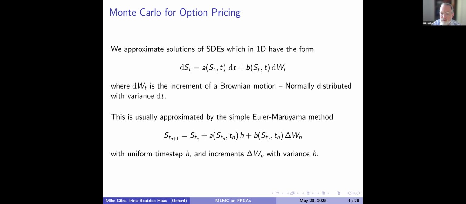Then we approximate that most simply with the Euler-Maruyama method. This is our discrete algorithm for advancing the approximate state of the path from one time step to the next. And for the purposes of this talk, let's suppose we're using uniform time steps of size h.